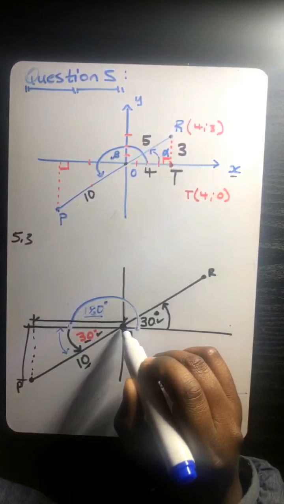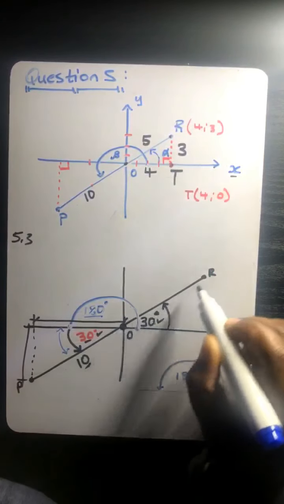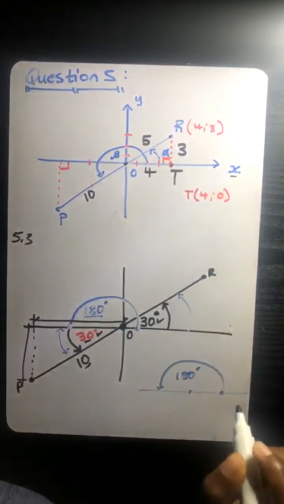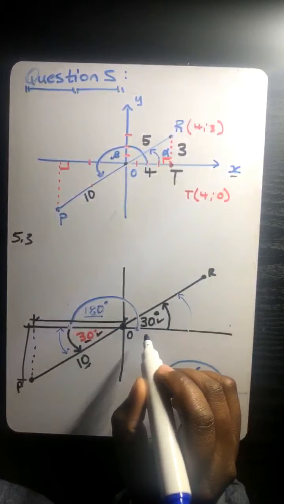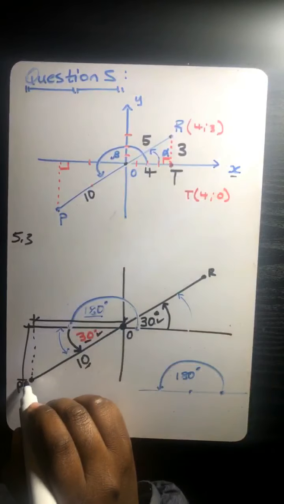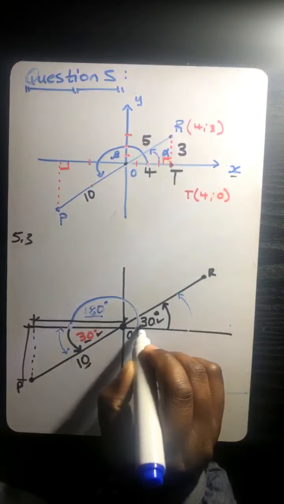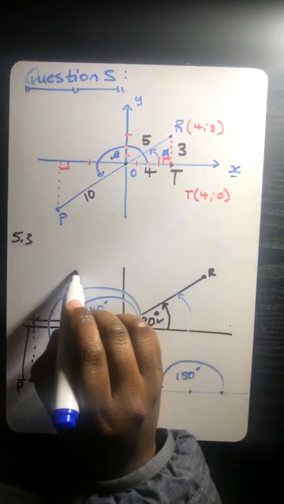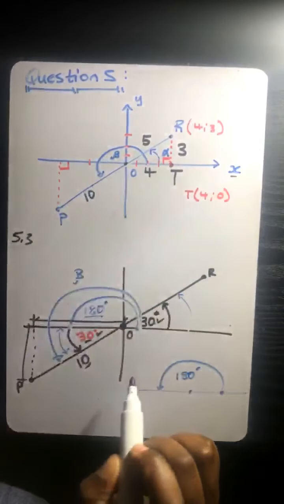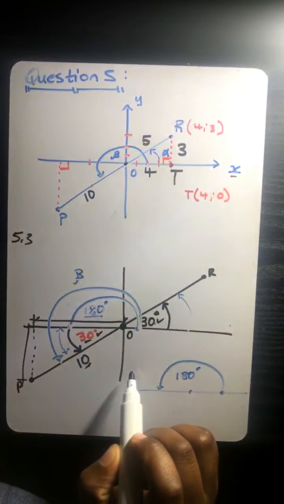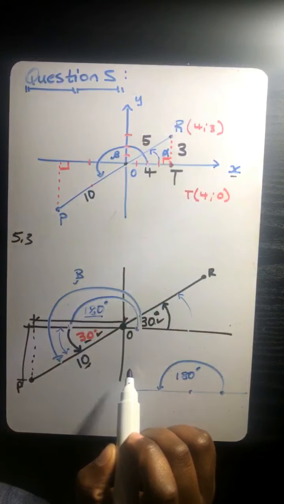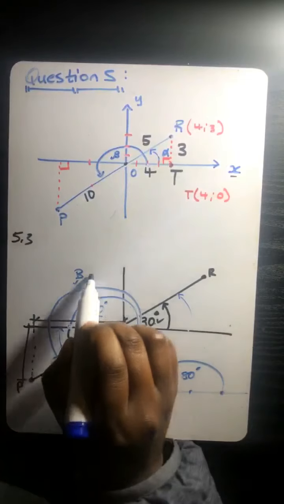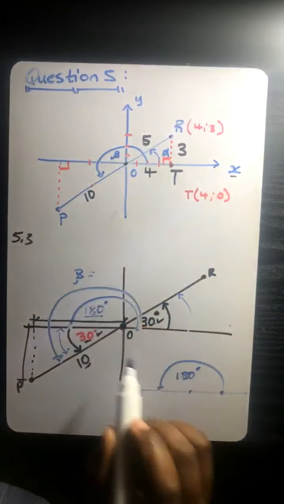The terminal side is the line that starts from the origin to R. So from there to there, this is the angle of inclination. For this line, the angle of inclination is the line that starts from there and goes up to there. So that means beta there is the angle of inclination. And what is the value of that? The value of that is 180 plus this small angle. That is the value of the angle of inclination.